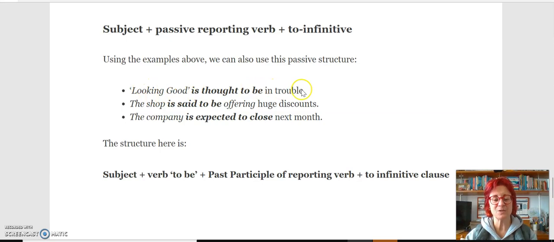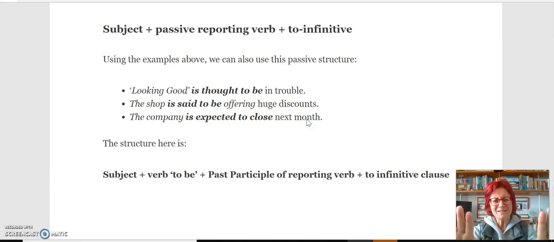Looking Good is thought to be in trouble. Or it is said that the shop is offering huge discounts. We can also say the shop is said to be offering huge discounts. Or it is expected that the company will close next month. We can say the company is expected to close next month.